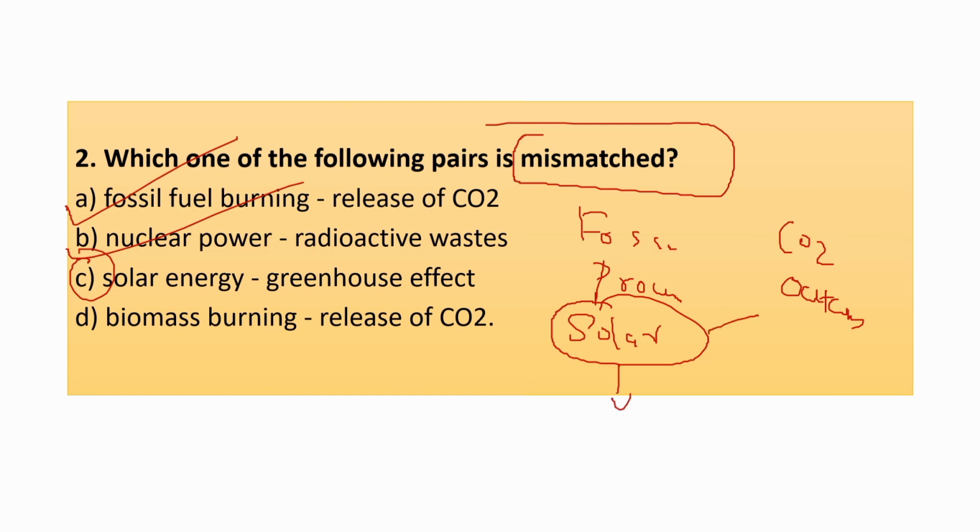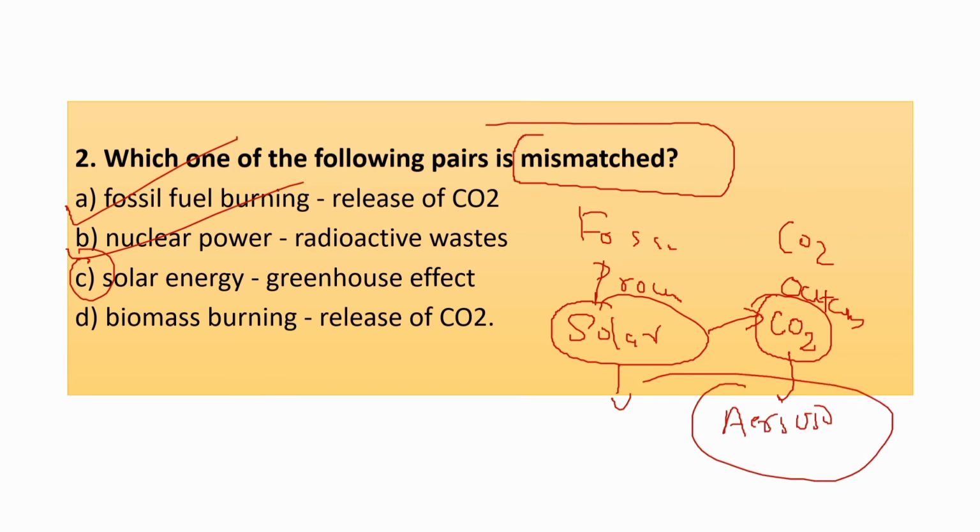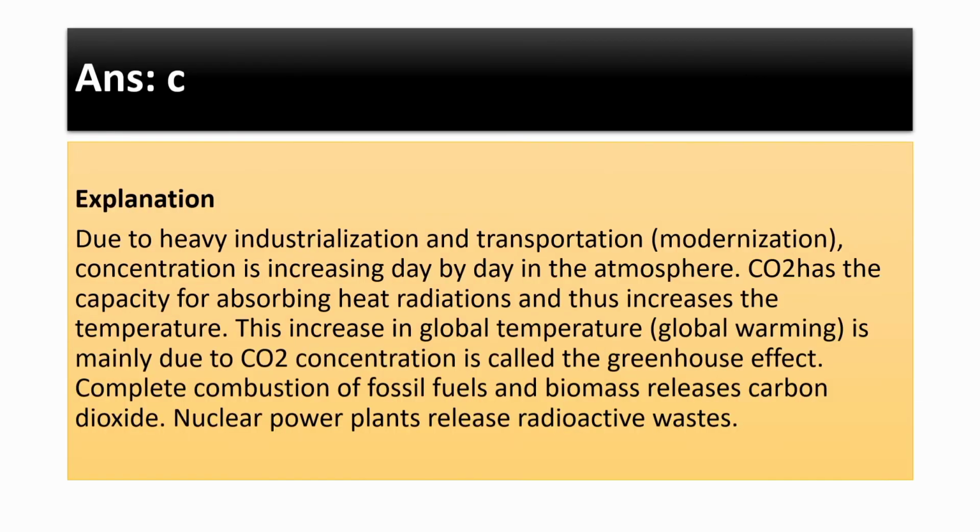What causes the greenhouse effect is especially the increase in the concentration of CO2 in the atmosphere and also other aerosols, which increase the trapping effect of the solar energy. So the greenhouse effect is not an outcome of this process. Biomass burning, yes, release of CO2. It is also correct. The question asked which is the mismatched one, so the correct answer is option C.